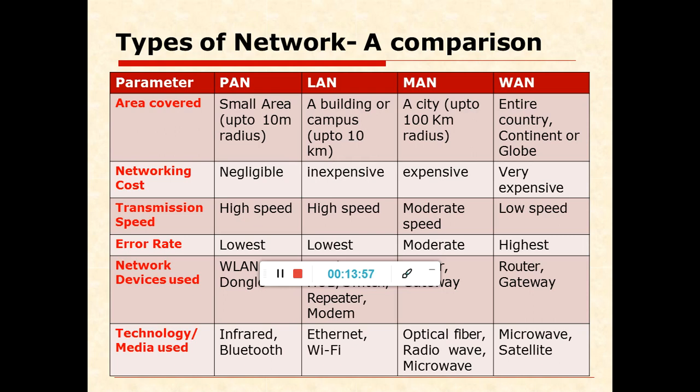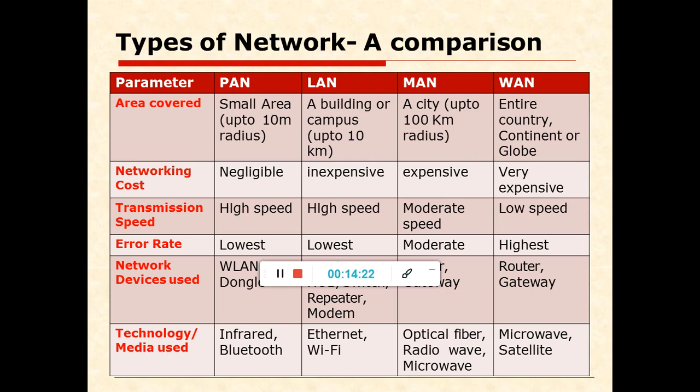And next one is transmission speed. The transmission speed is based on the coverage area. If the coverage area is small, the transmission speed will be high. So in PAN, high speed data transmission, and coming to LAN, high speed data transmission, because the coverage area is only 10 km.